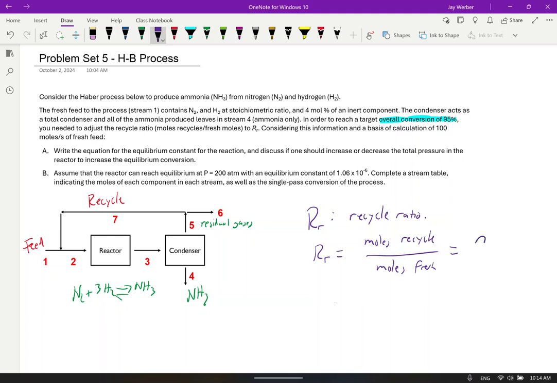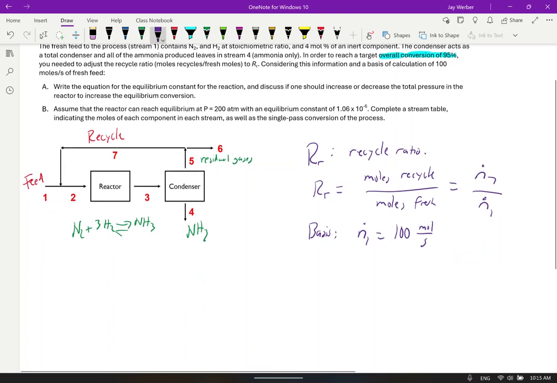In other words, this is N7 over N1. And so this is something that we're leaving as unknown. And we use a basis of 100 moles per second of fresh feed. So that means that N1 is 100 moles per second. All right, so that is the process in a nutshell.